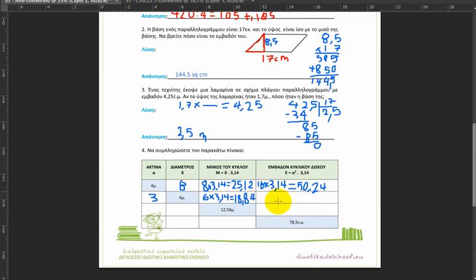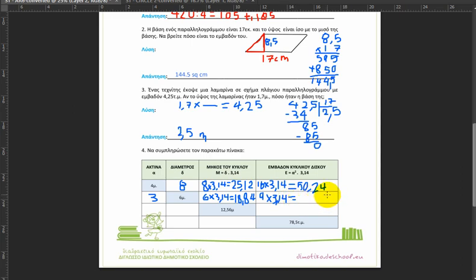There we go. Here we need to do 3 times 3 makes 9 times 3.14. And this is going to give us what?